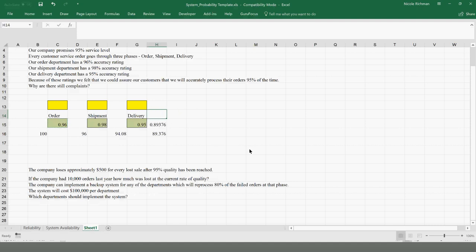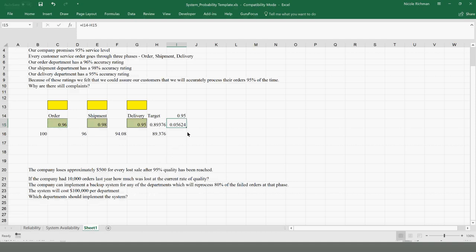So how far off are we from our target? Our target is 0.95. And we are only achieving a 0.89. We have basically a 5% deficit from what our promise is.